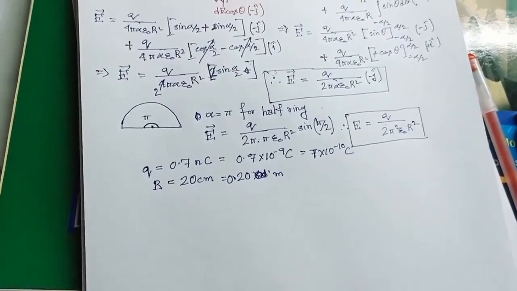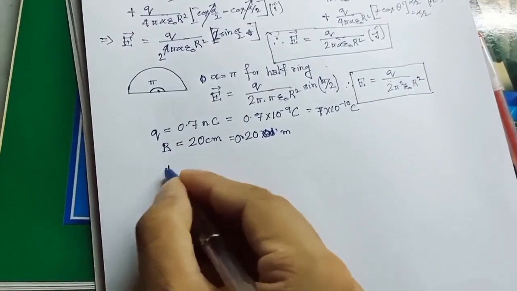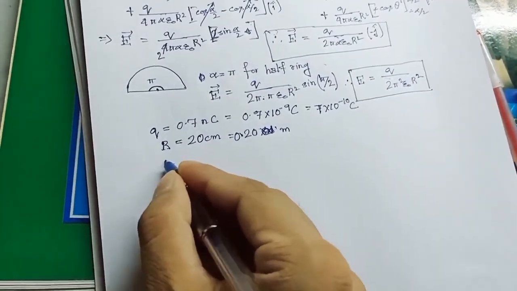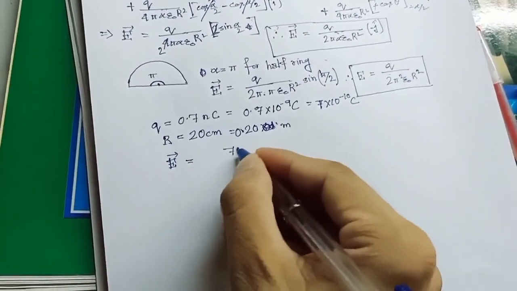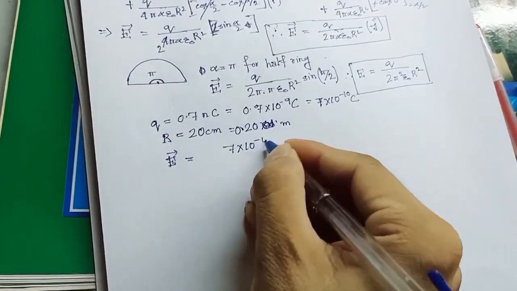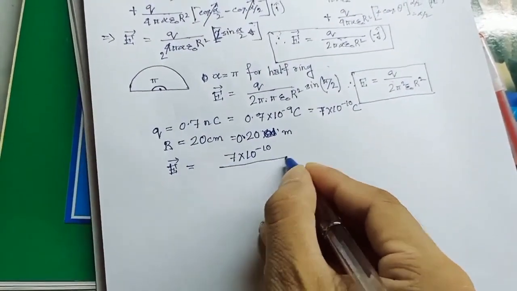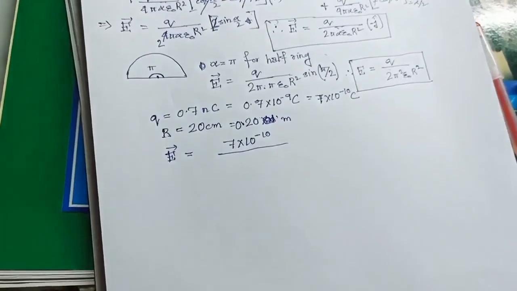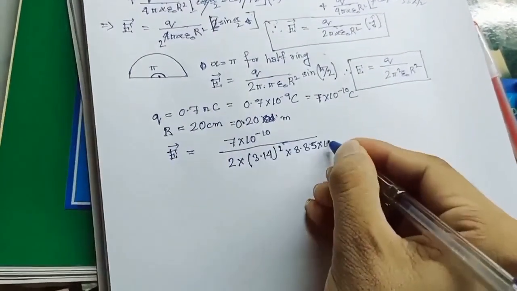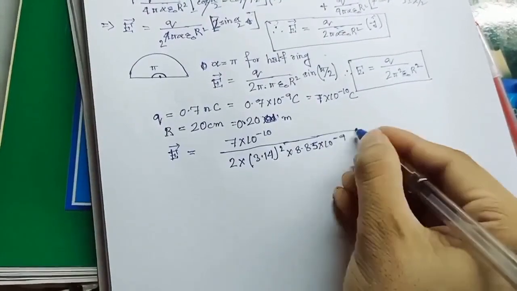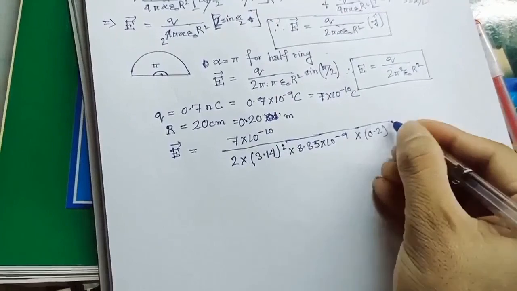meter. Now if we calculate the value of the net electric field at the half ring, then our net electric field at the center of the half ring will be E equal to Q, meaning 7 into 10 to the power minus 10, divided by 2 into 10 to the power minus 9 into r square, meaning 0.2 square.